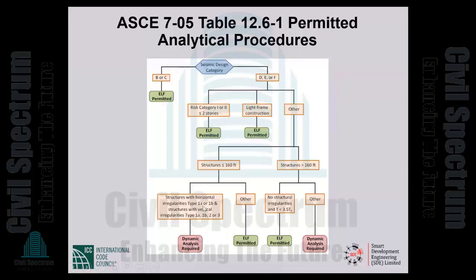So those are kind of quote unquote bad irregularities. So if you have a building up to 160 feet tall, if you have one of those bad irregularities, you shall do dynamic analysis. Otherwise, you are permitted to do equivalent lateral force procedure.